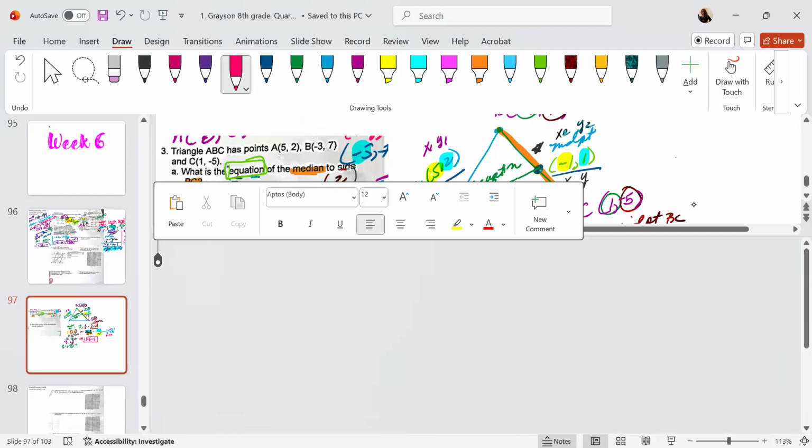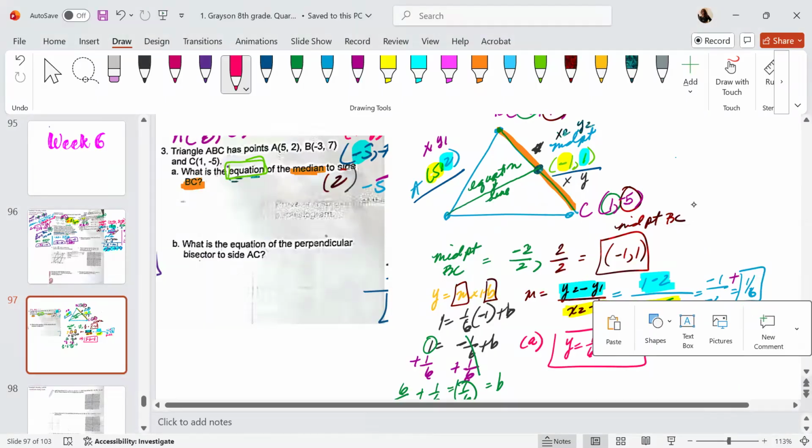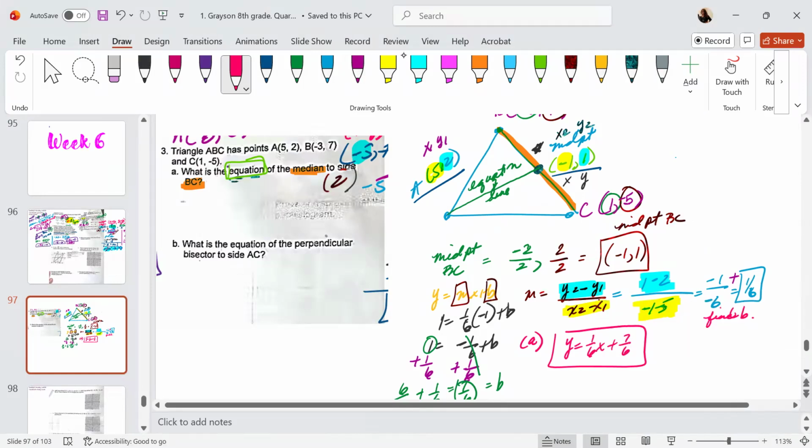Perpendicular to side AC. So here's the other tricky part. We're now going to deal with a perpendicular, right? Perpendicular means that if your slope is 1/2, what is a perpendicular slope to 1/2? I'm just saying, for example, I'm not saying that that's the answer.